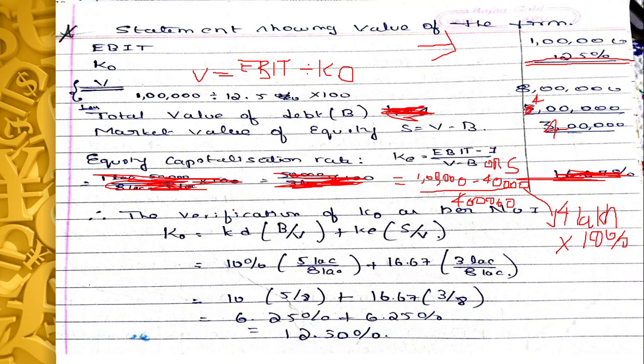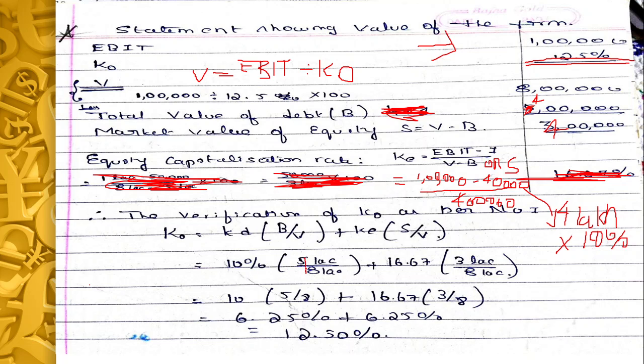Using that formula, if you substitute everything and get 0.125 or 12.5, your answer is correct. This is not the answer to the question. Now, the verification: KD stands at 10%.